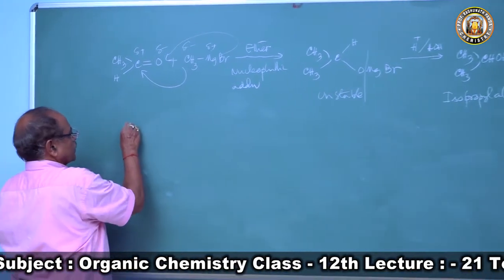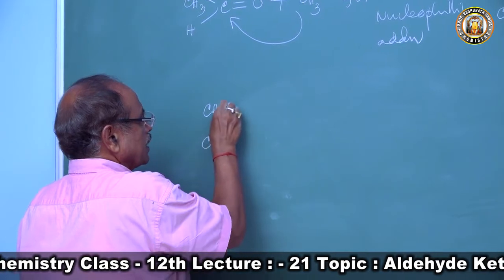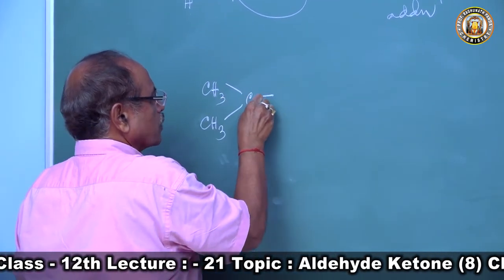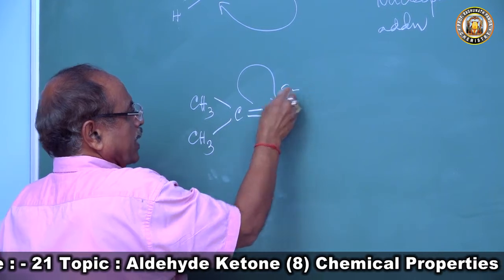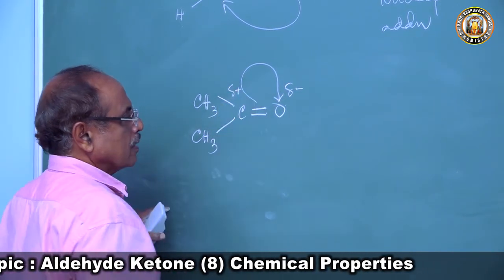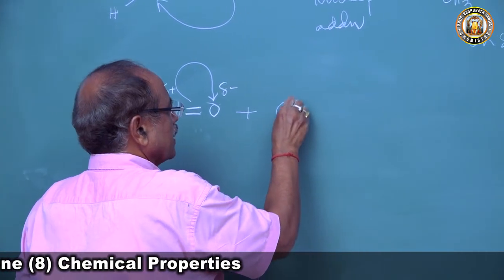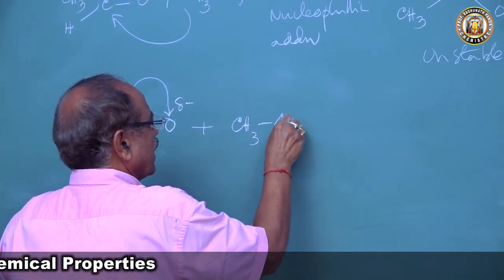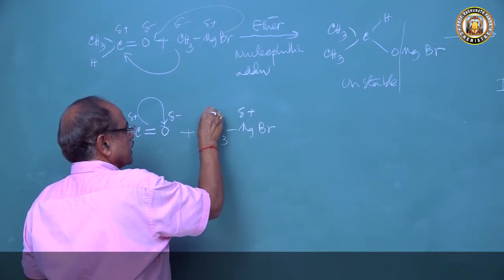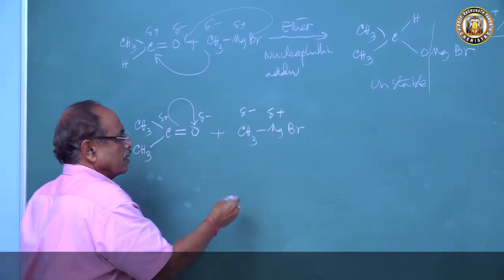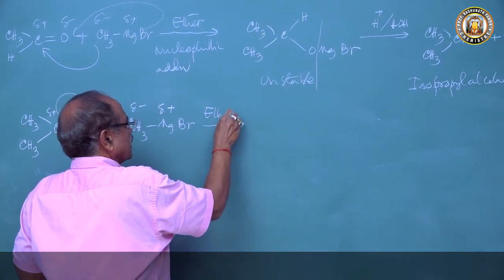Now when you come to acetone, CH3COCH3, there is always a polarization of the pi bond in the carbonyl group. We take methyl magnesium bromide, the simplest Grignard reagent, with the negative on the methyl. In presence of ether it undergoes nucleophilic addition reaction.